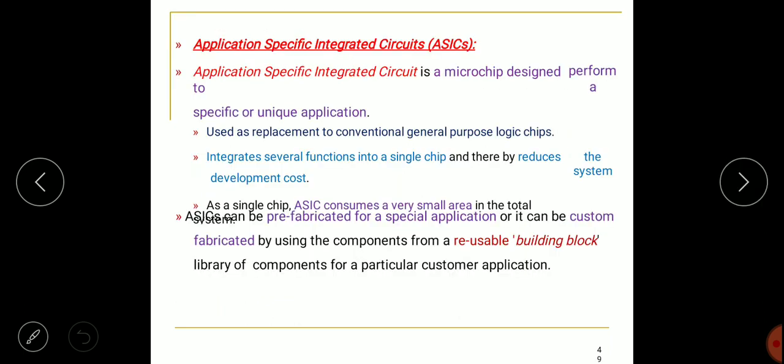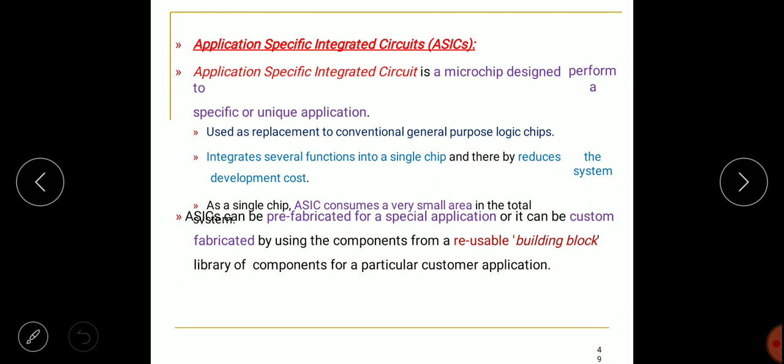Let's come to the next core of the system, that is the application specific integrated circuit, abbreviated as ASIC. An application specific integrated circuit is a microchip designed to perform a specific or unique application. So this ASIC processor or controller is designed specifically for a specific operation or unique application.